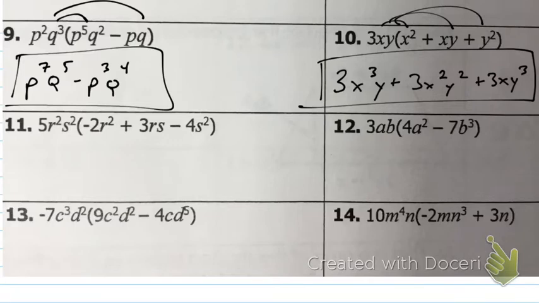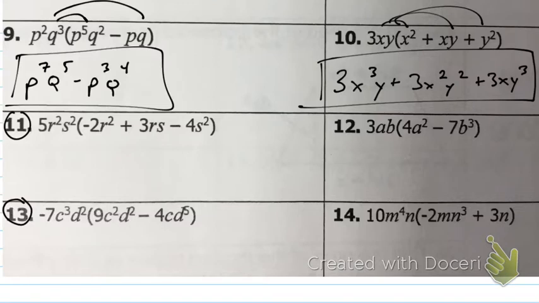All right, I'd like you to try 11 through 14. I get they're a little tougher than some of the previous ones. Make those good mistakes and we'll tighten it up, okay? I changed my mind a little bit. I want you to do 11 and 13. Let's save a little time. I think we're going to be good if we just get 11 and 13 done. Let's look at number 11 together.